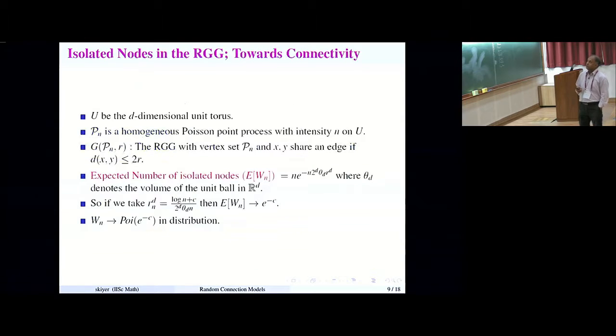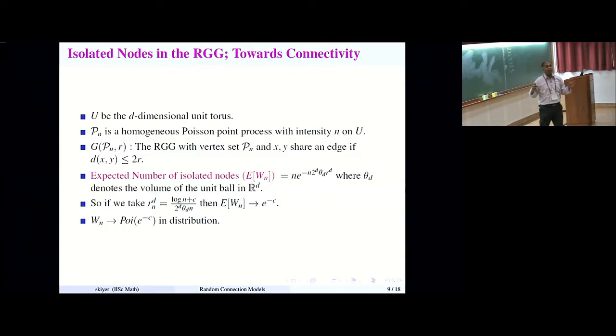All right. So now we look at the connectivity problem. In the percolation problem, when you are above the critical parameter for percolation, you have an infinite component, but then there would be a very large number of very small components.